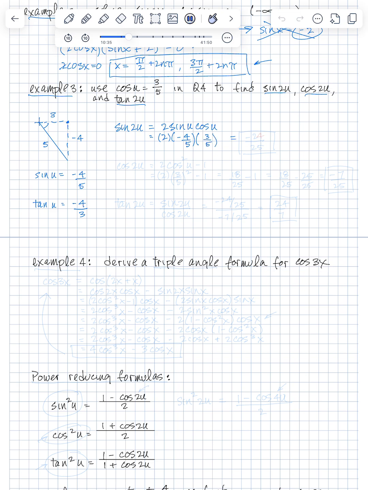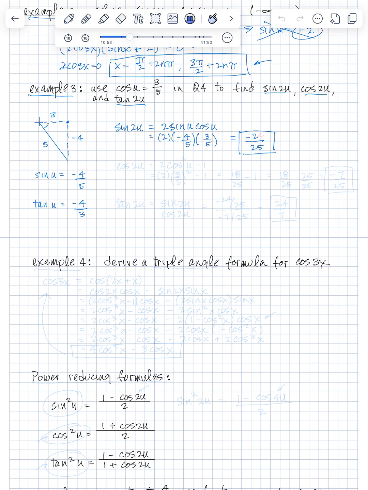So this is, multiply all the numerators. 2 times negative 4 is negative 8, times 3 is a negative 24 over 25. So there's the sine of 2u.